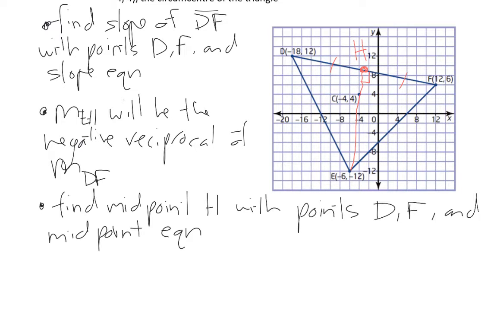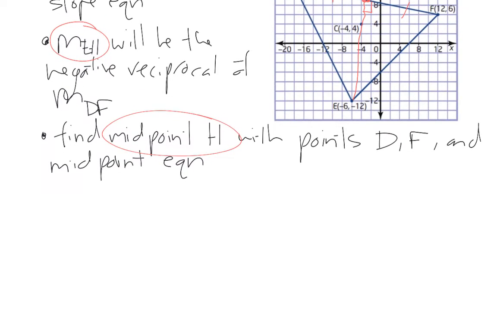Because we have the slope of EH and we have the midpoint H, which is a point on the line, we can use these values to figure out the y-intercept. So let's go ahead and write that as a step.